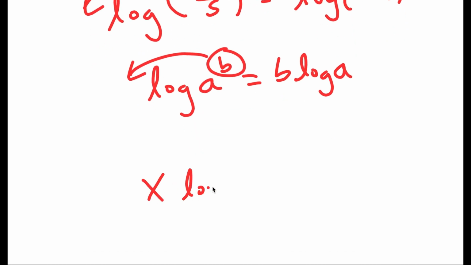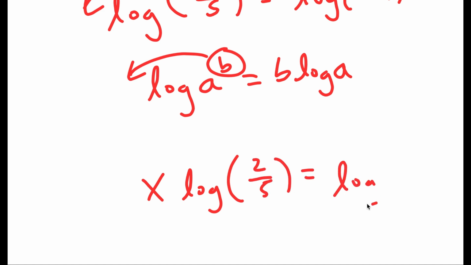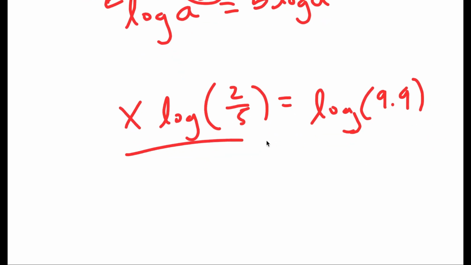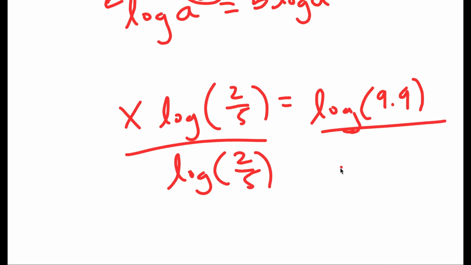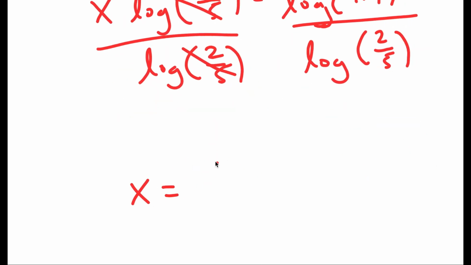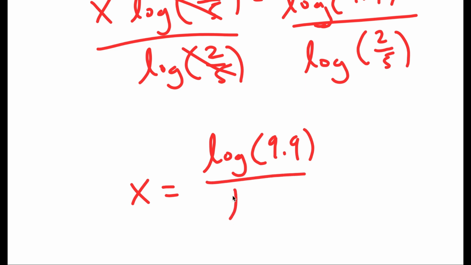So I get x times log 2 over 5 is equal to log of 9.9. And if I divide both sides by log 2 over 5, these two cancel out, and I get x is equal to log of 9.9 over log of 2 over 5.